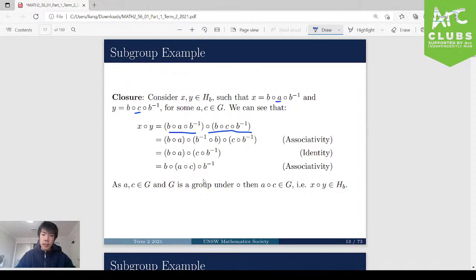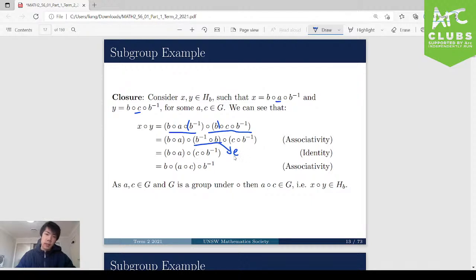And then by associativity of groups, we can rearrange the brackets. And so we do so, changing the brackets from here and here to here and here, most importantly. Because what that does is that gives us the identity. B inverse dot B just gives us E again.